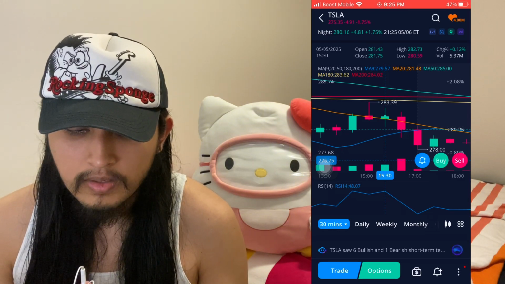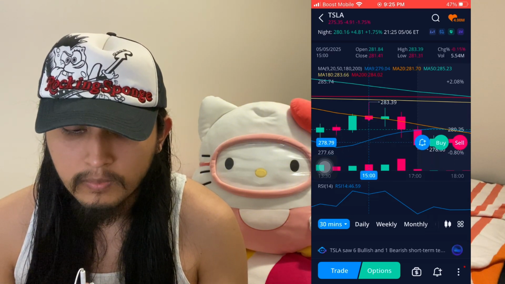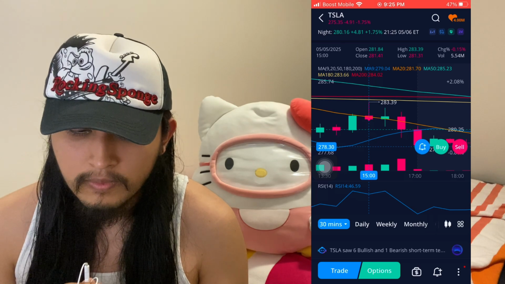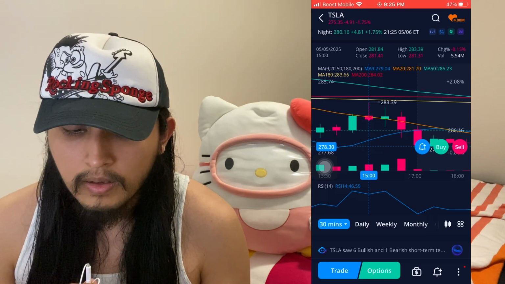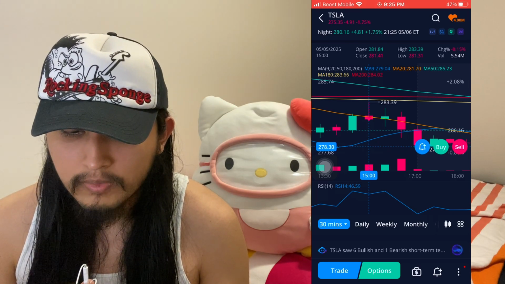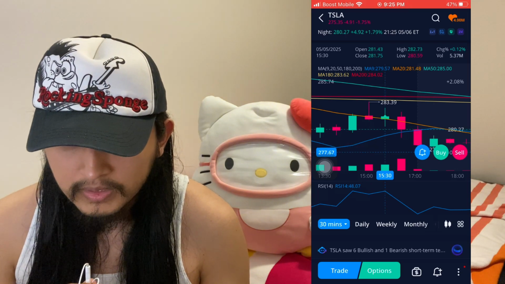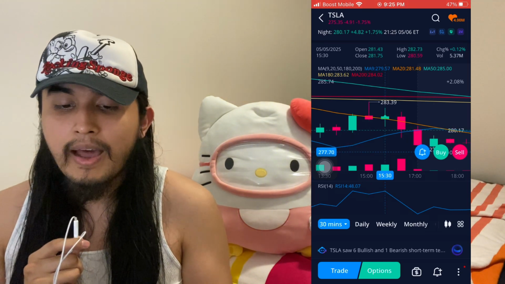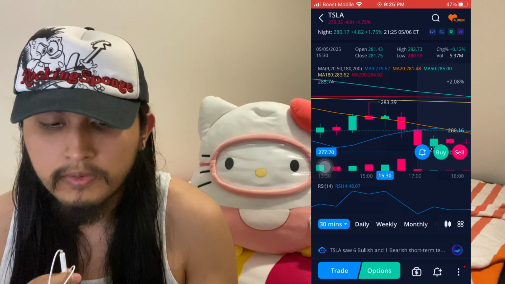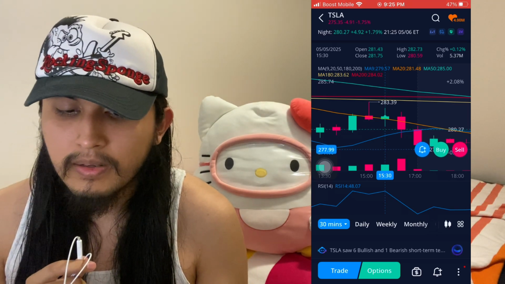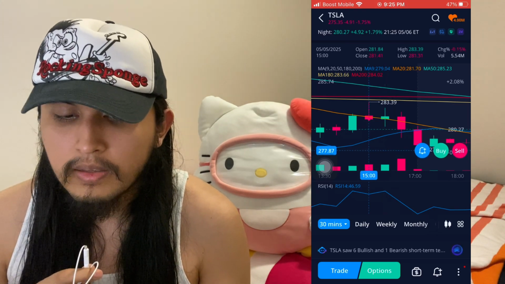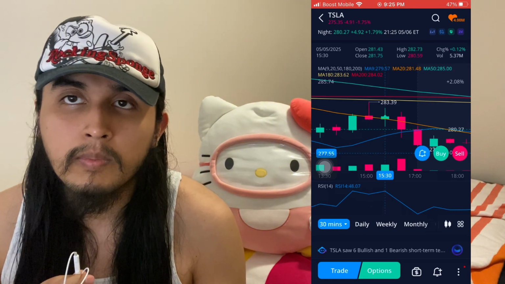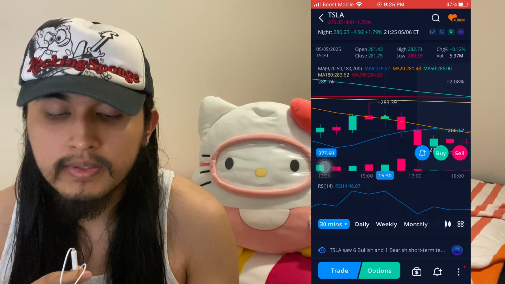That didn't happen, so I was like, okay, let me just see if it can reach the previous candle, the 15 candle, its high of 283.39, right? It got near this 1530 candle, got near to a high of 282.73. So I was like, it's close enough to 283, so I'll just buy a couple more Tesla put options.